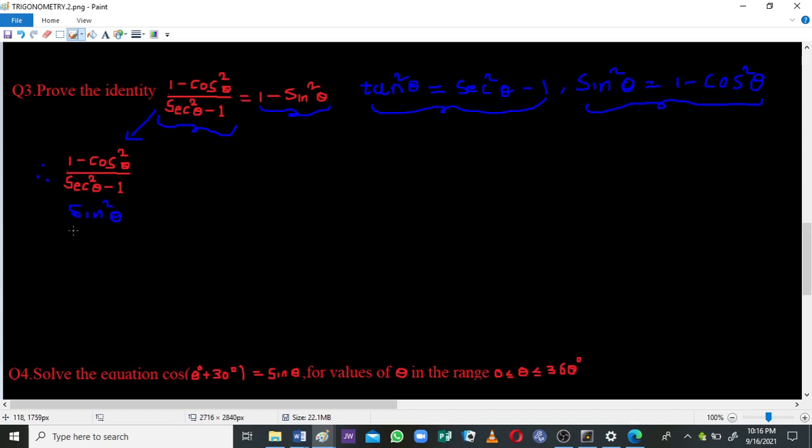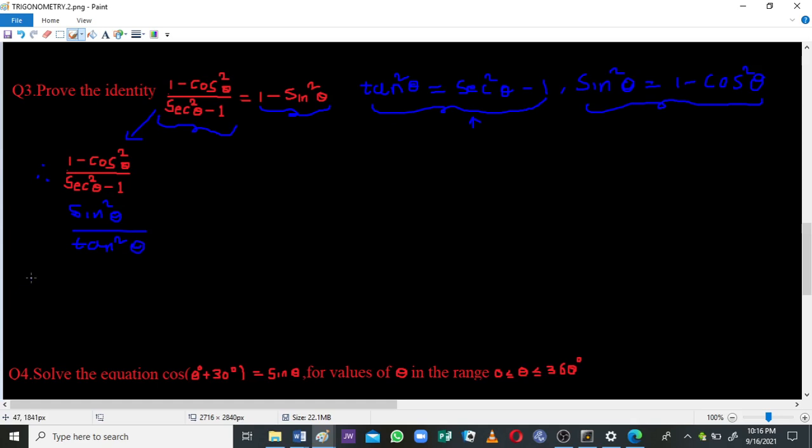Now divide by, we're going to substitute the bottom part by tan, because sec squared theta minus 1, when you check here, is the same as tan squared. So we have tan squared theta, right? Yes, so this is what we have.